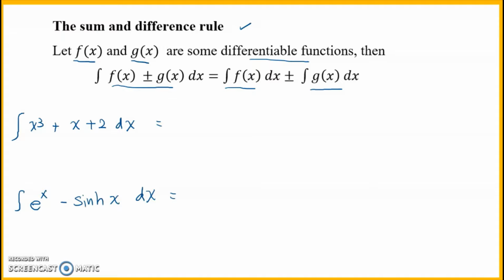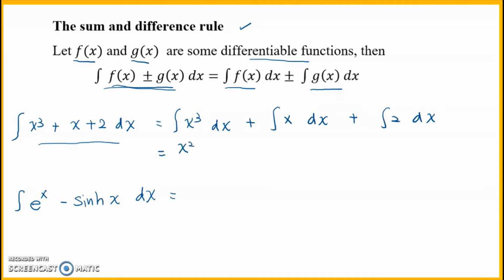Then I add them back or I subtract them back. Okay, for this problem, let's say this is the example that we have. To solve this problem, I can integrate x cubed and then x and then 2 separately. So integrate x cubed, I'm going to get x cubed over 3 plus c1, and x squared over 2 plus c2, and then 2x plus c3.